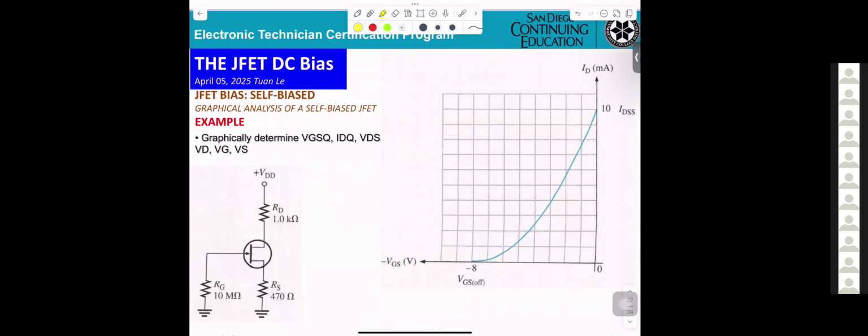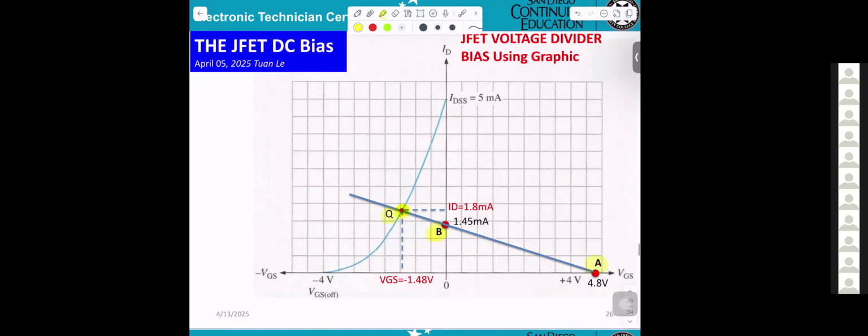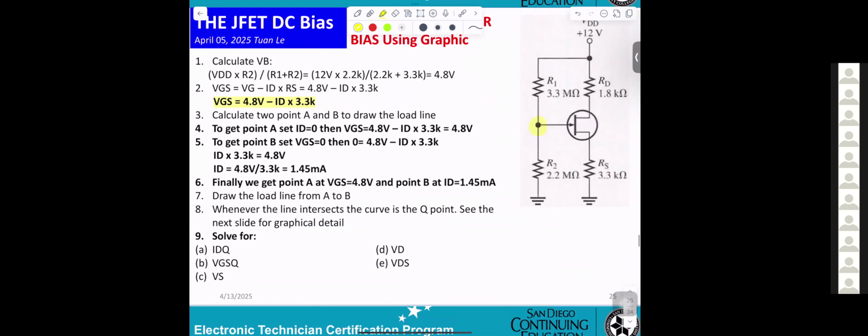And now in here, they will be telling you how you can solve the problem. In here, they say: finally, get point A at VGS equal 4.8 volt and a point B at 1 milliamp.